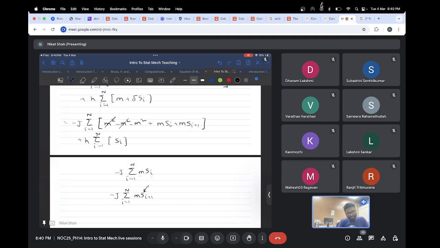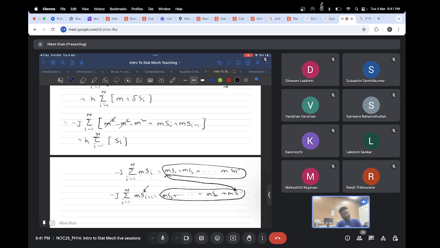This one starts at MS2, goes till MSN, and then MSN plus 1 is MS1 only. So the last term here is MS1, before that it's MSN, and so on. The first one is MS2 plus etc. Here the terms are MS1 plus MS2, and it goes on till MSN. Just that this term is displaced to the end. Otherwise, you can see that both of these terms are the same.